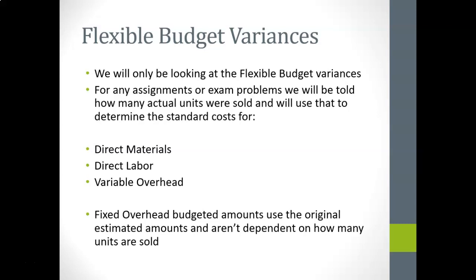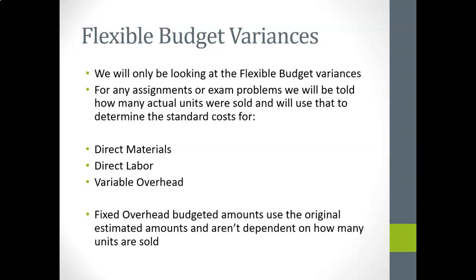They're not dependent on how many units are sold. So we estimated, for instance, how much we're going to have to spend on insurance for the factory building. It doesn't matter how many units we sell or don't sell. That's the estimated budgeted amount for insurance, and we're going to use that for fixed overhead.